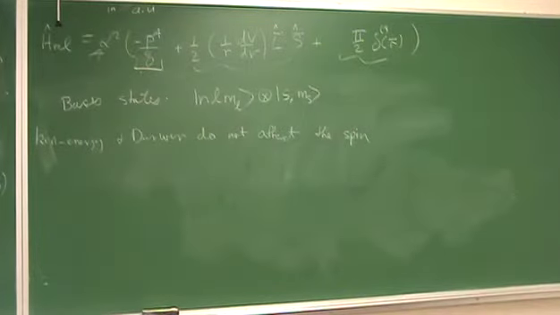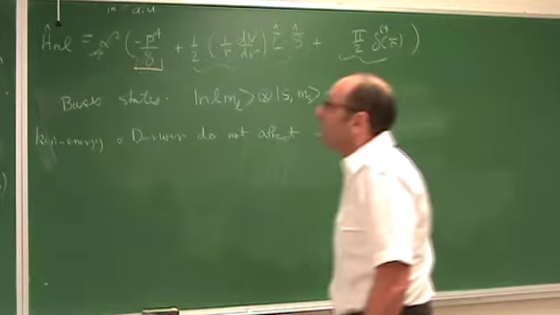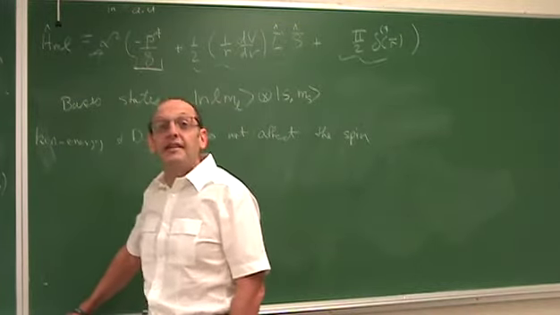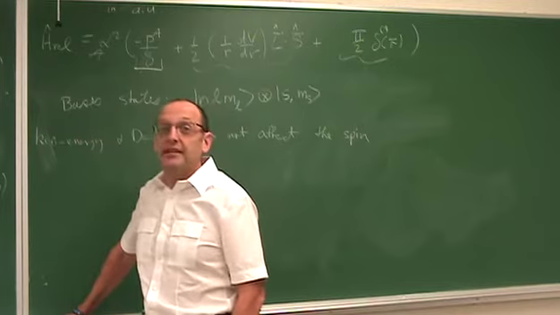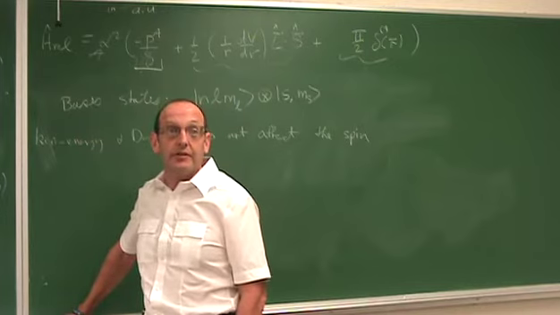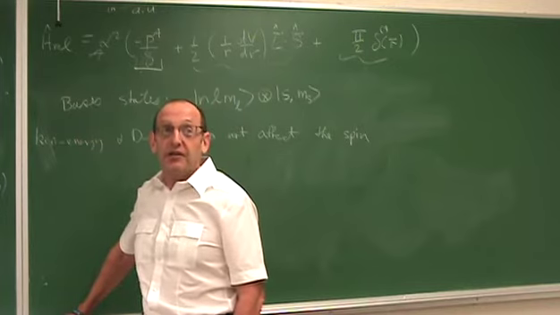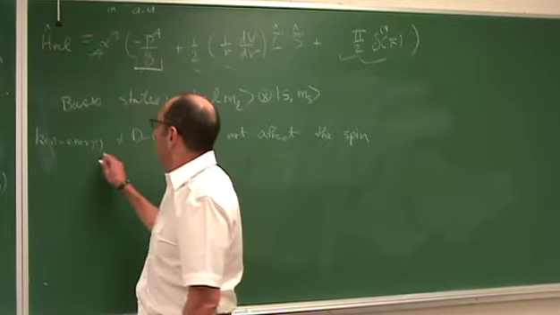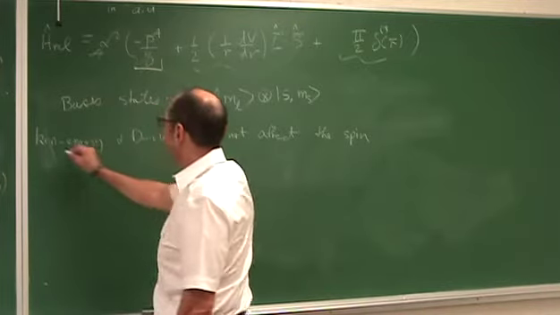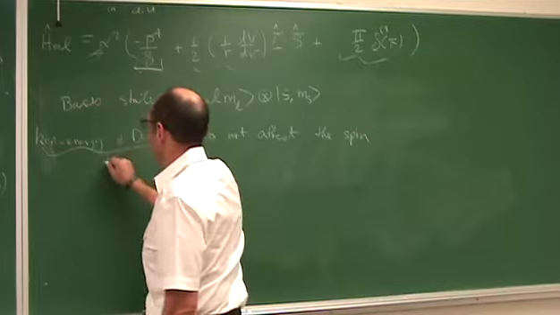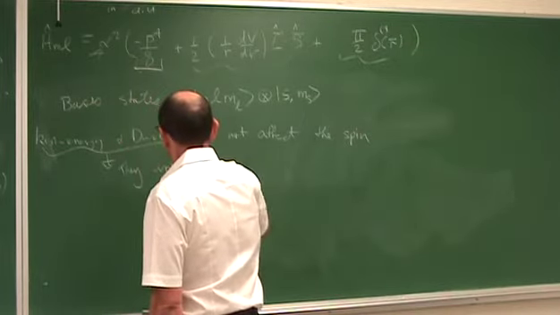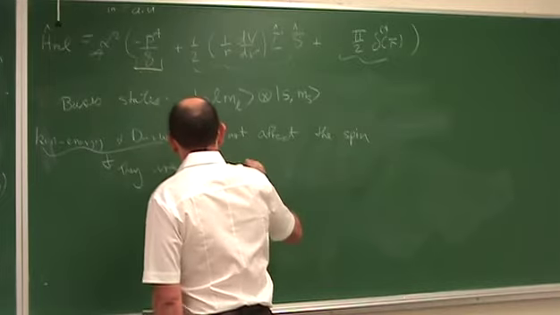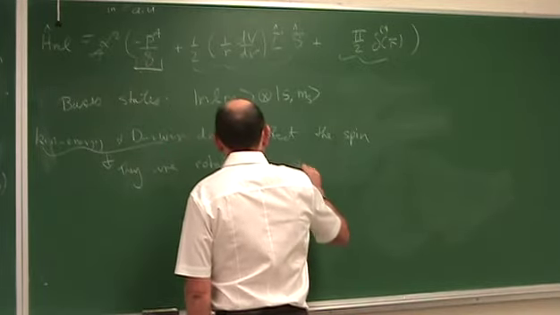So the only thing that they could couple are states, well, they could couple states of different L in principle, and they could couple states of different m sub L in principle. However, they don't. How do we see that? These terms are also rotationally symmetric.